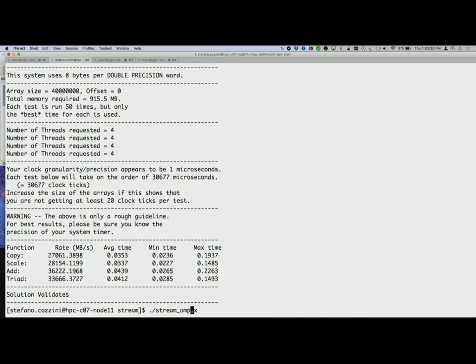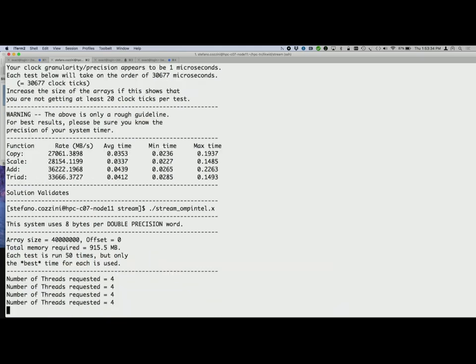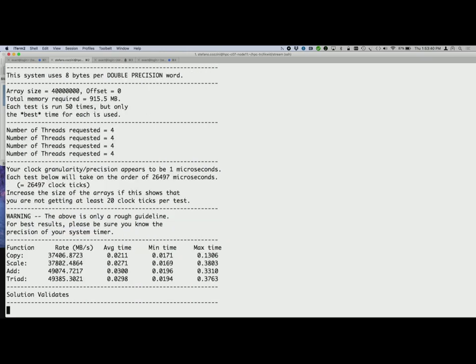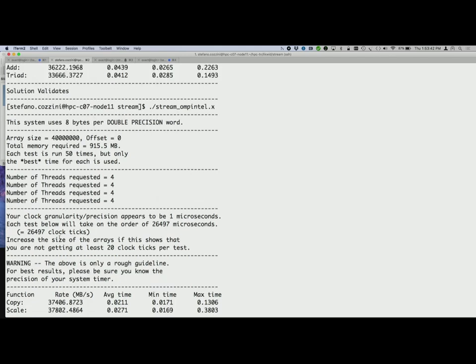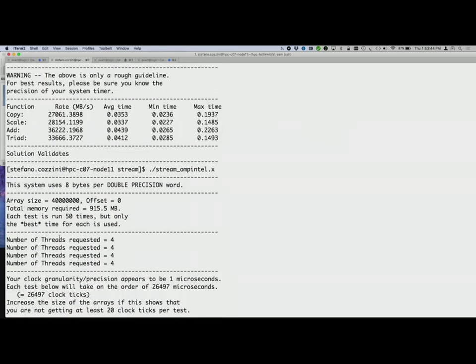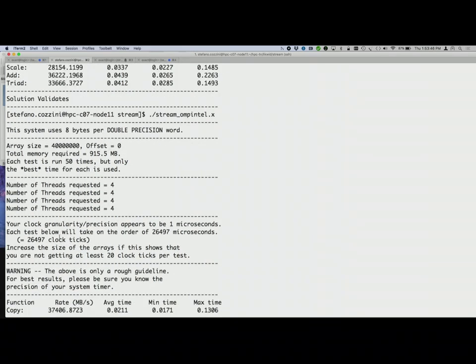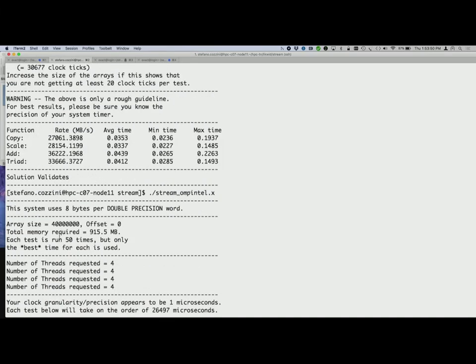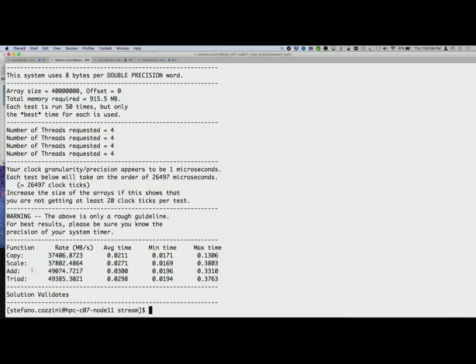Then I can run the Intel one, and I see quite different numbers. You see? 27, 28, 36, 33 for GNU, and then this is quite a bit better.